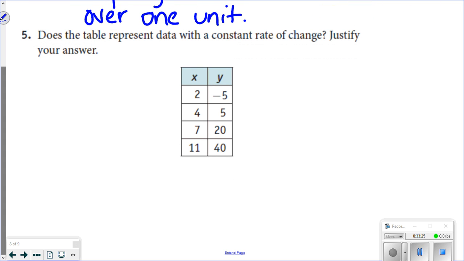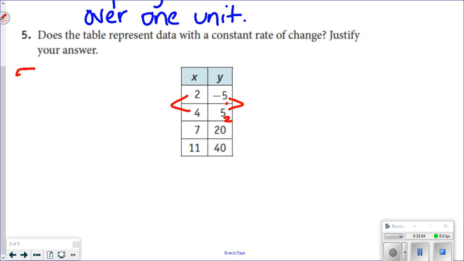Question 5, does this table represent data with a constant rate of change? Justify your answer. So we have to figure out the slope or the rate of change between all of these points. Okay, so let's look at these 2 points first. My change in y values go on top, and it's my second y minus the first y.